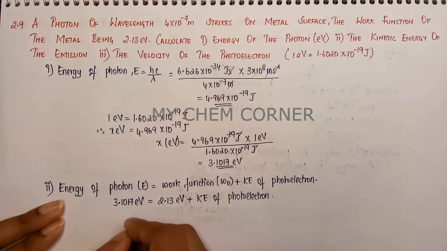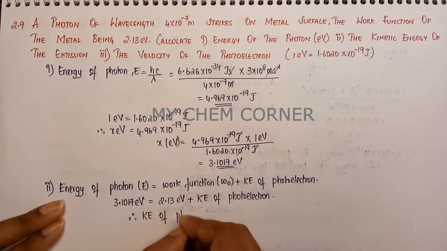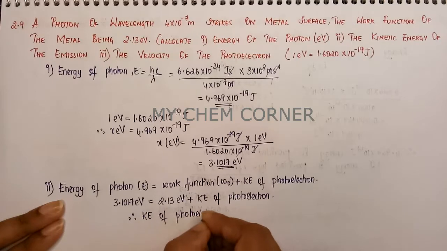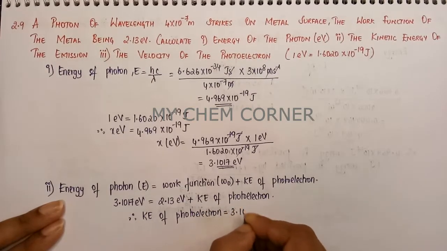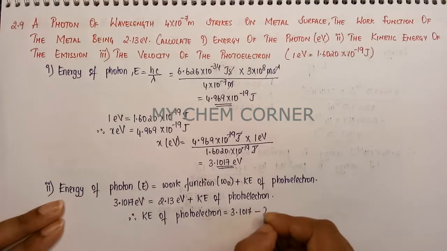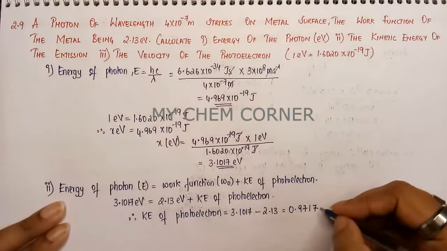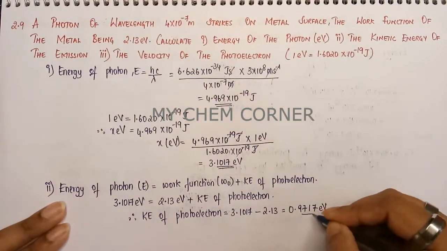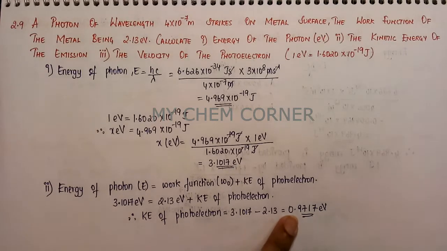So therefore we can say kinetic energy of photoelectron is 3.1017 minus 2.13, which will give answer 0.9717 electron volt. That is going to be the kinetic energy of photoelectron, which is the answer for the second question here.